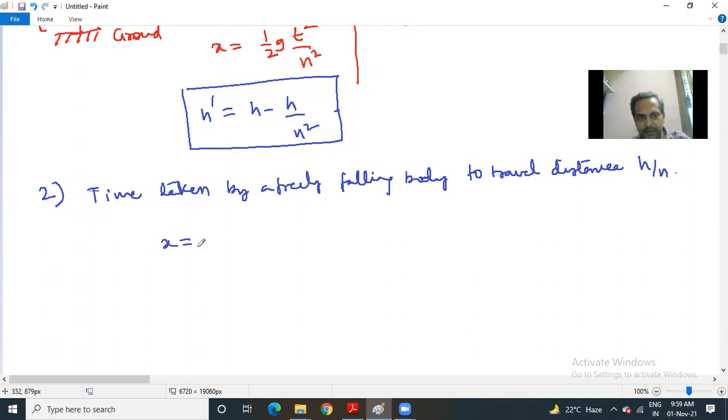Write down x is equal to half g t square. We are looking for this t, but this x is going to be h by n, equal to half g t dash square. So we are looking for t dash.